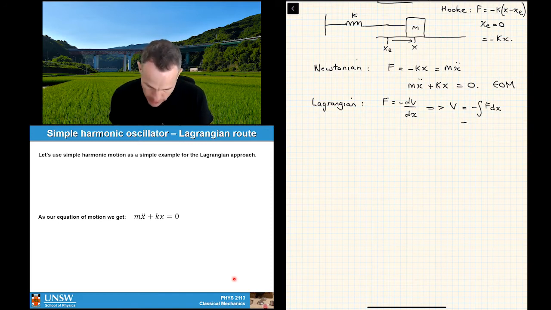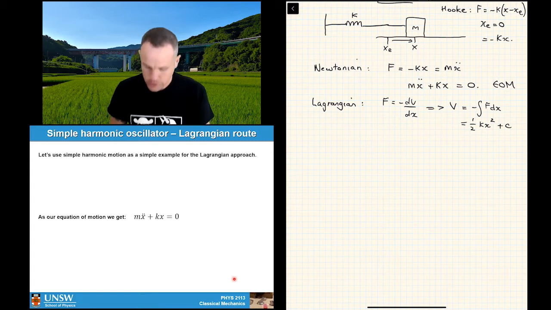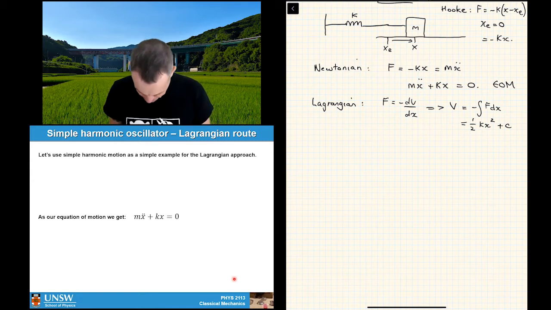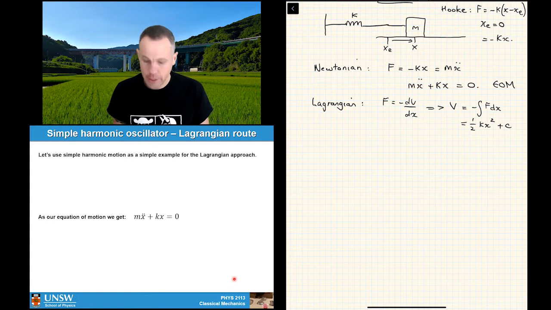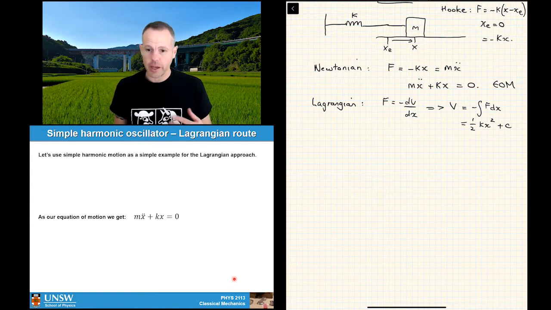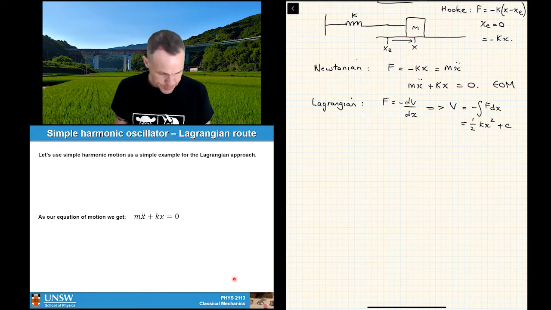And so here we have a half kx squared plus a constant just in here, okay? And of course the two minus signs cancel each other out in this particular position. And again, this constant is one of those things that when you take the derivative, it's going to disappear, so we don't really need to worry about it very much.